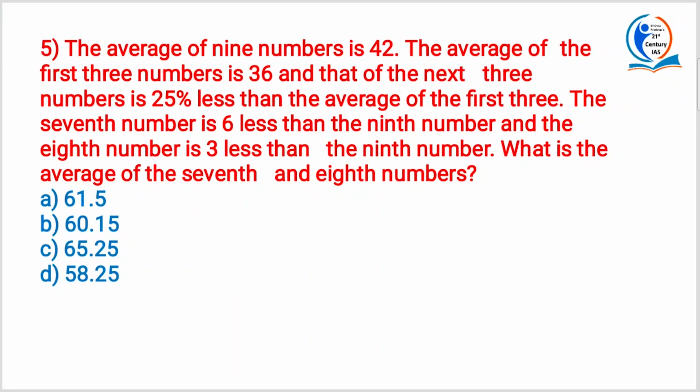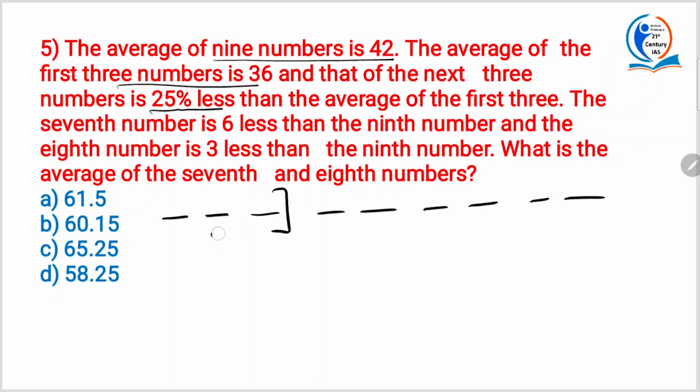Okay, next. The average of 9 numbers is 42. The average of first 3 numbers is 36 and that of next 3 numbers is 25% less than the average of first 3. Okay, this is going too much, no? So let us break it down. 1, 2, 3, 4, 5, 6, 7, 8, 9. So he's saying that the average of first 3 numbers is 36.